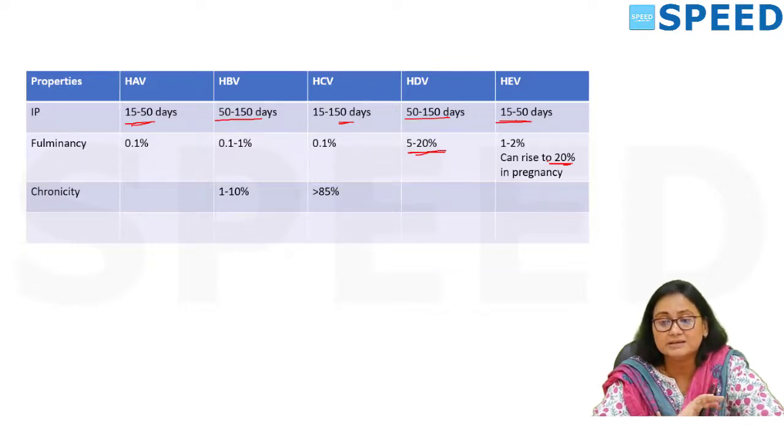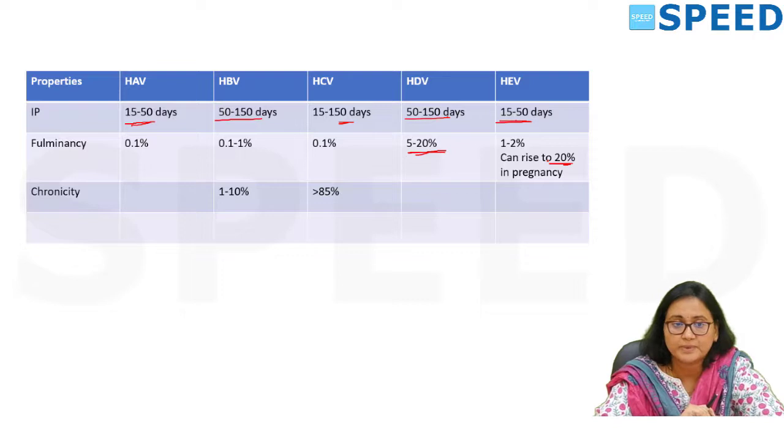If they are asking which has increased fulminancy in pregnancy, then the answer is hepatitis E virus. Fulminancy chances in pregnancy go from 1 to 2% up to 20%.